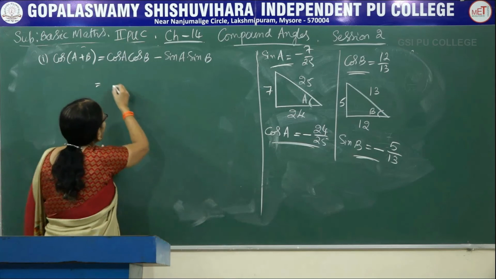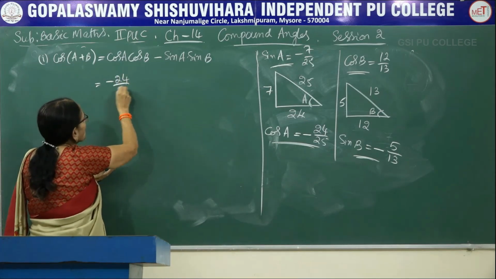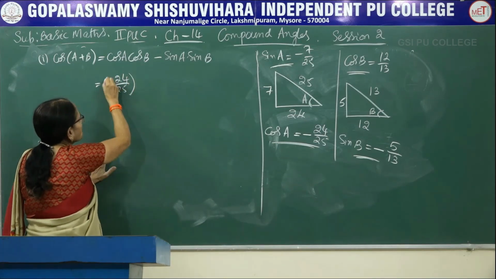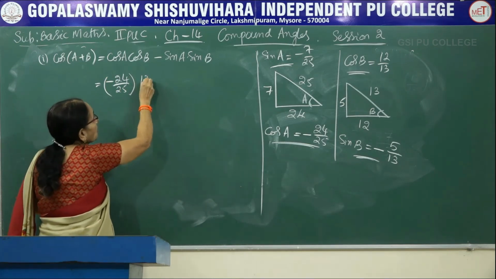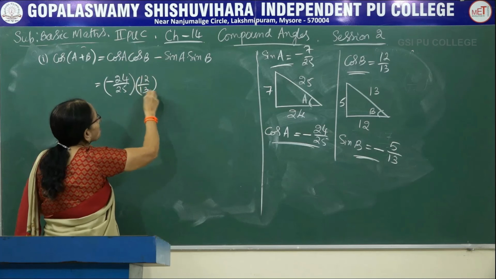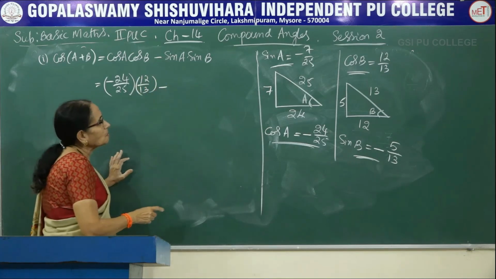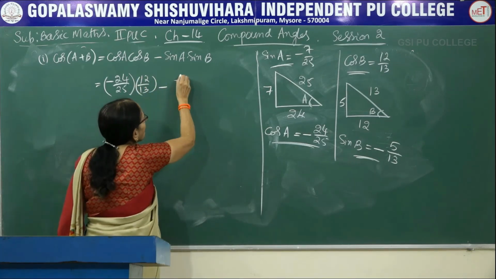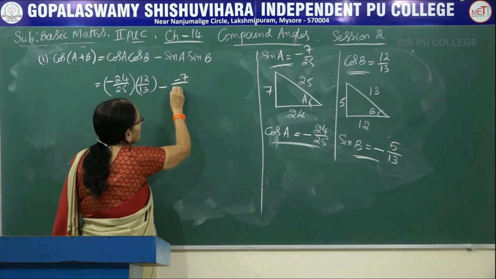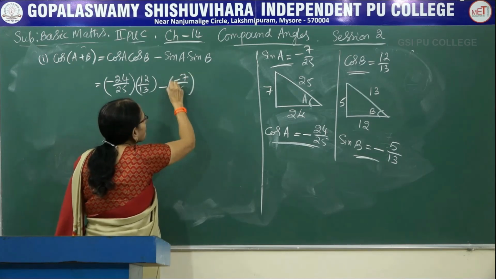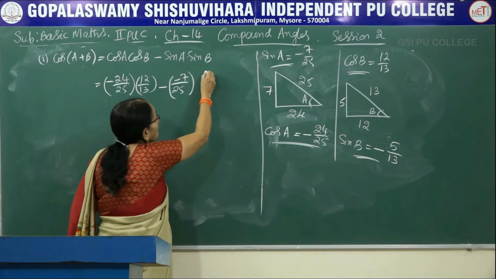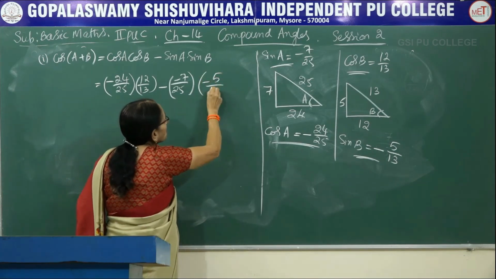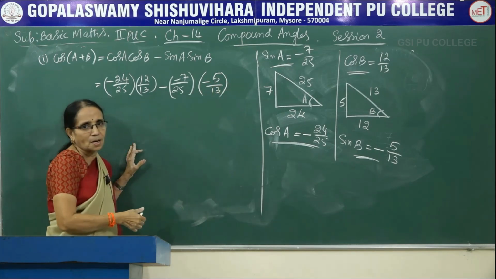It is minus 24 divided by 25, right inside the bracket, into cos B, that is positive 12 by 13, minus sin A is already one minus sign is there. That is why better write inside the bracket. And then sin B is again a negative number, minus 5 by 13.